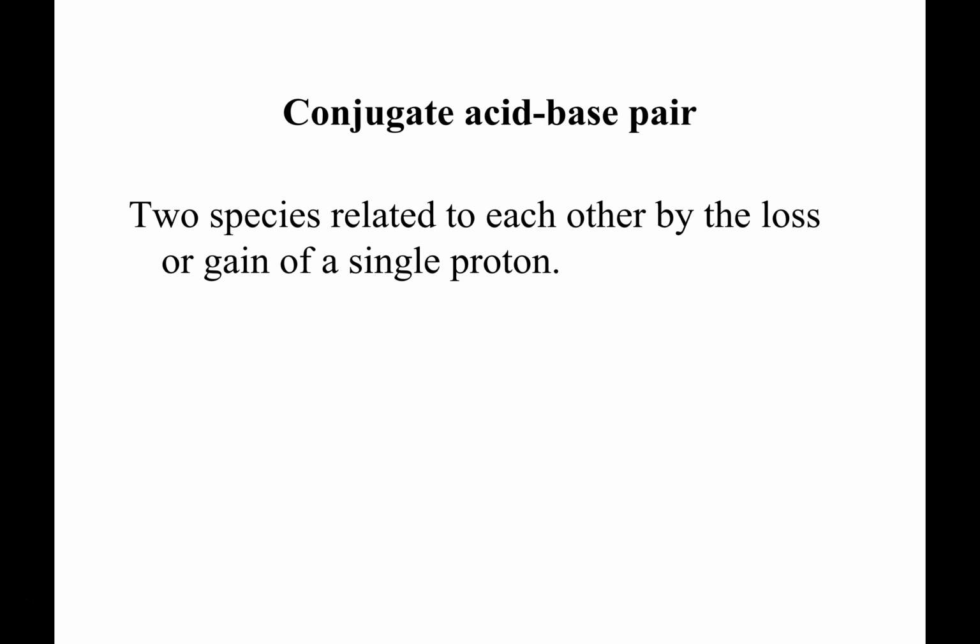Conjugate acid-base pairs. And you've already seen them before. If you look on either side of the reaction arrow, or either side of the equilibrium arrows, and you can find 2 species that differ by a proton, then you have identified an acid-base conjugate pair.